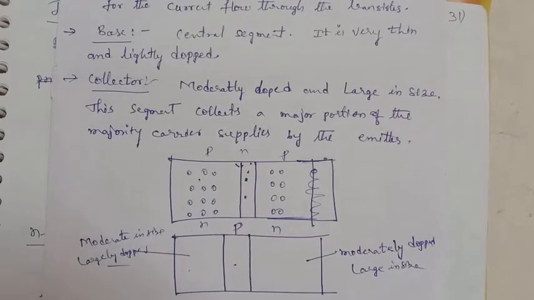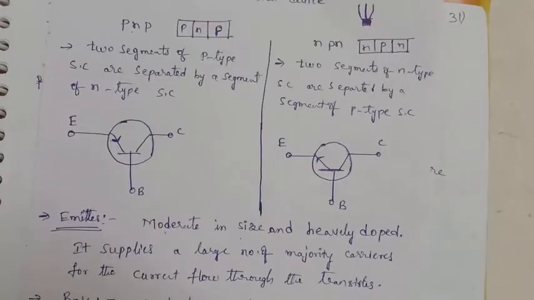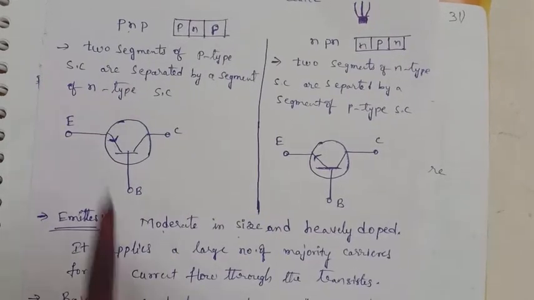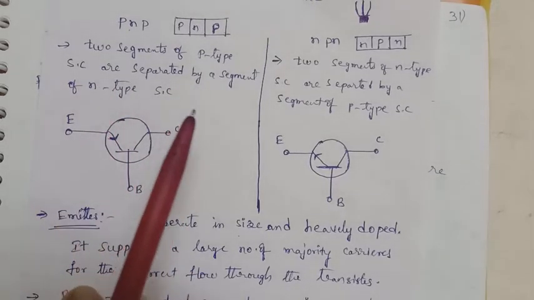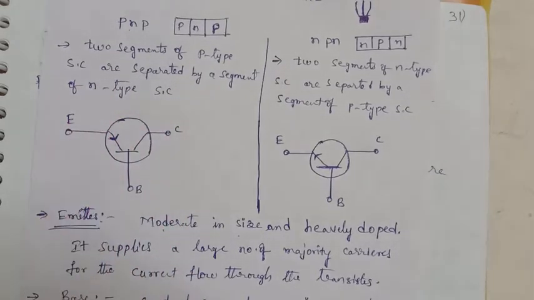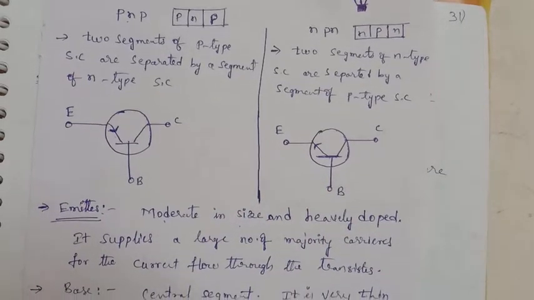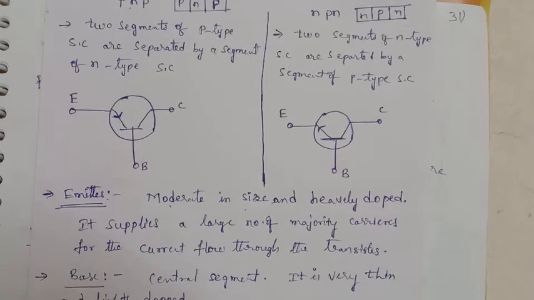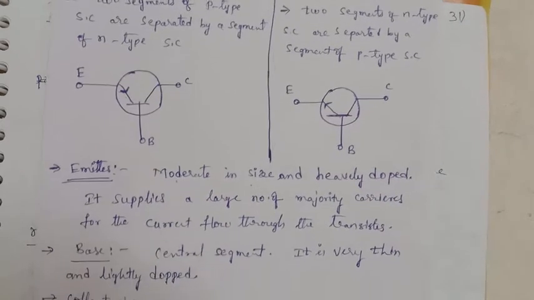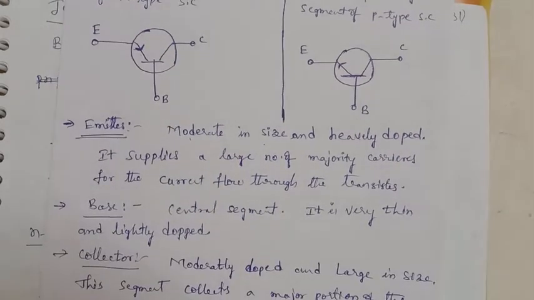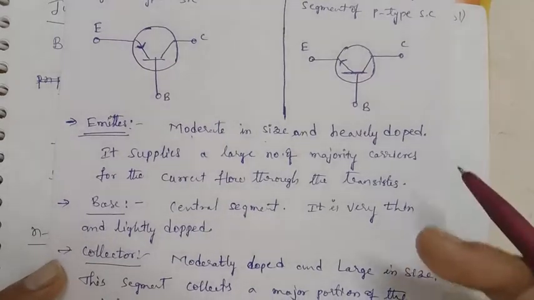Once again I will explain the PNP and NPN transistor. In a PNP transistor, two segments of P-type semiconductor are separated by a segment of N-type semiconductor. Similarly, in an NPN transistor, two segments of N-type semiconductor are separated by a P-type segment. So we have three terminals: emitter, base, collector.